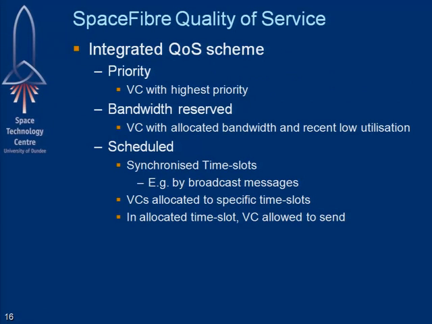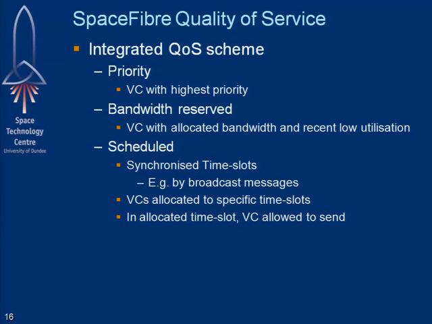One of the things I wanted to concentrate on is the quality of service. We have this integrated quality of service scheme which provides priority, bandwidth reservation and scheduling all at the same time. Priority is fairly obvious. The virtual channel, or VC, with the highest priority is the one that gets to send its information next.